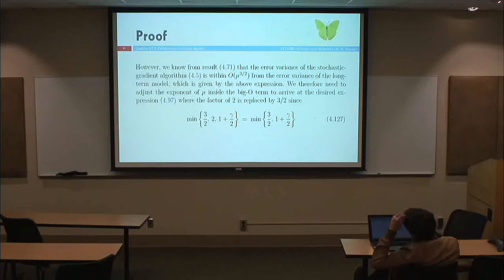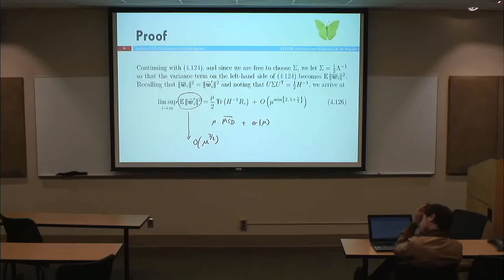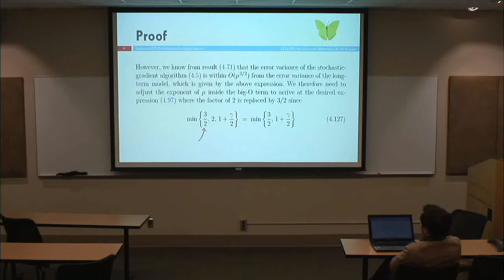Okay. So now, I showed what this quantity is. But remember, the lim sup of this quantity is this far away from the lim sup of what I want, the second order moment of the true stochastic gradient algorithm. So I have to correct, I have to add to this, so here, a minimum of 2, 1 plus gamma over 2. I have to also add the 3/2. So you will have mu 3/2, and then you'll have the min of 2, 1 plus gamma over 2.